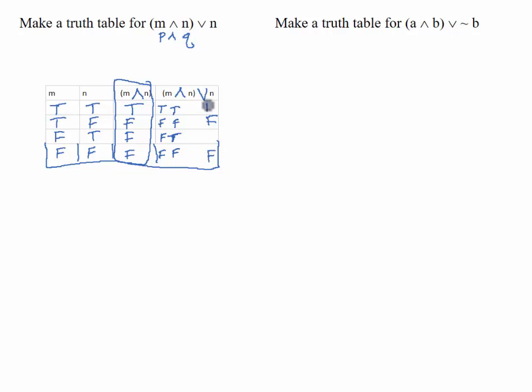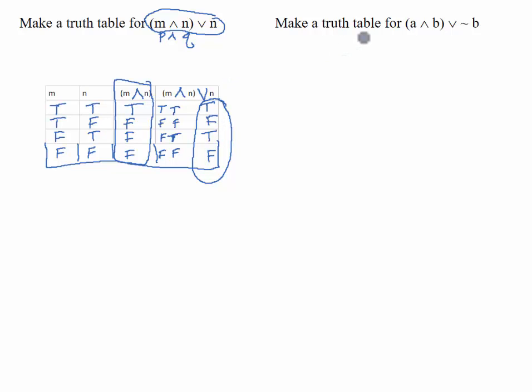If we had any trues at all, it was going to be true. So our final answer is this truth table. If M is true and N is true, then this kind of statement would be true. If we have true then false, then this kind of statement would be false, and so forth.